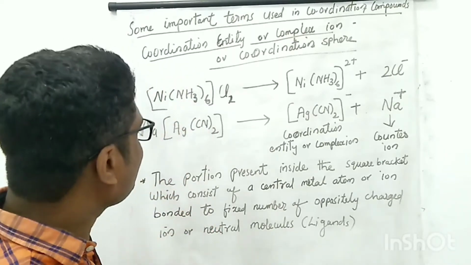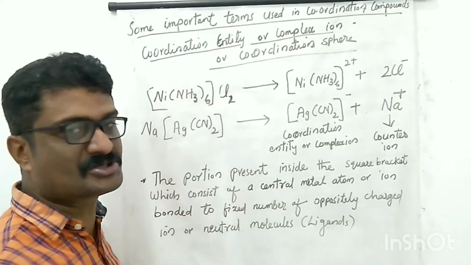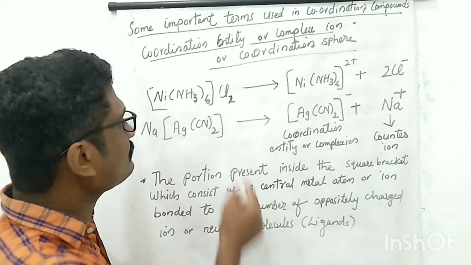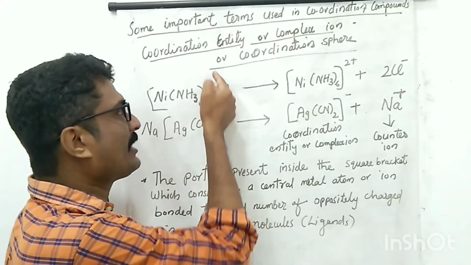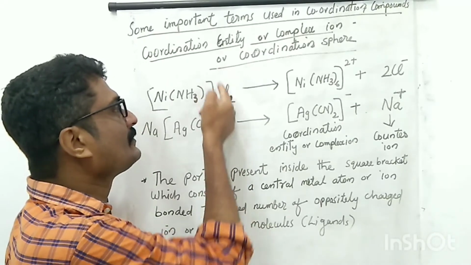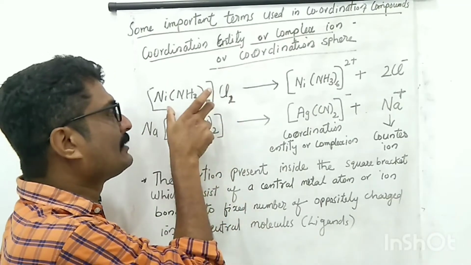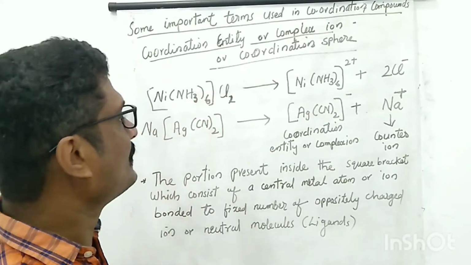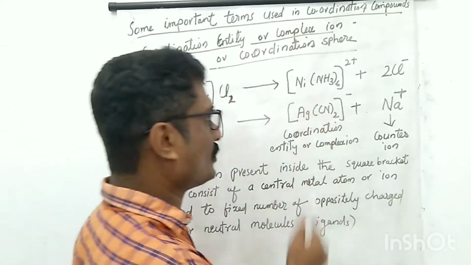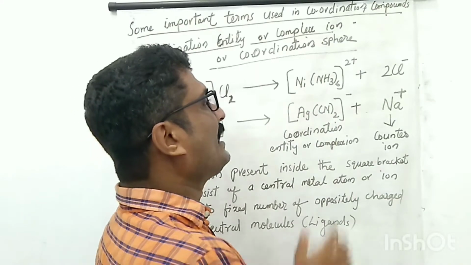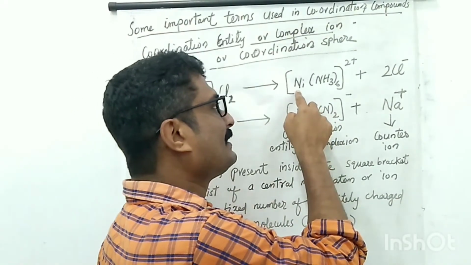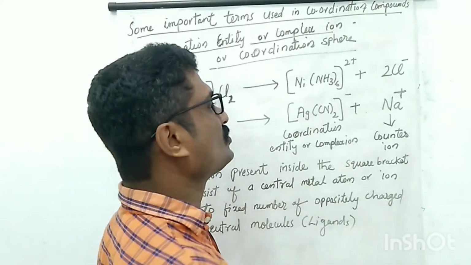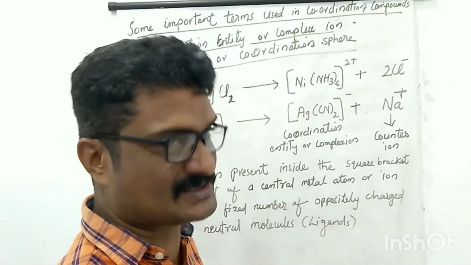When this coordination compound is dissolved in water, the ionic bond between the portion outside the bracket and the portion inside the bracket breaks to form ions: [Ni(NH3)6]2+ and 2 Cl minus.